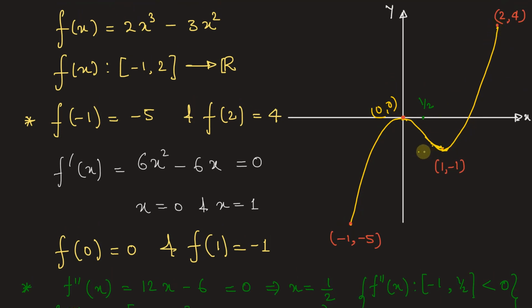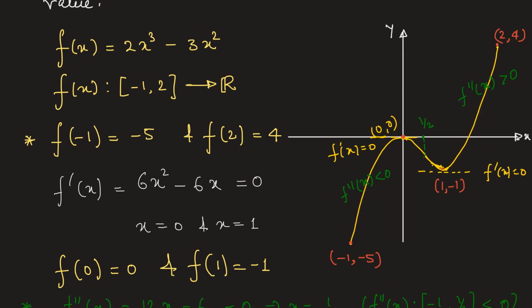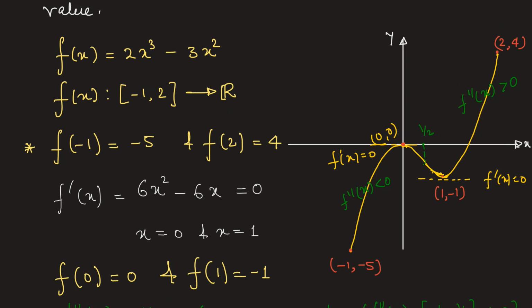At these 2 points, f dash of x is 0, and at the origin, f dash of x is equal to 0. And from -1 to 1 by 2, f double dash of x is lesser than 0, and from 1 by 2 to 2, f double dash of this function is greater than 0. So this is how the function 2x cube minus 3x square will look like.